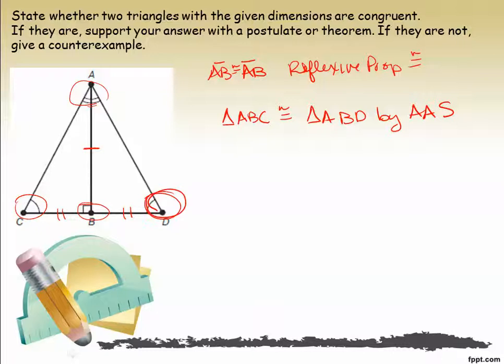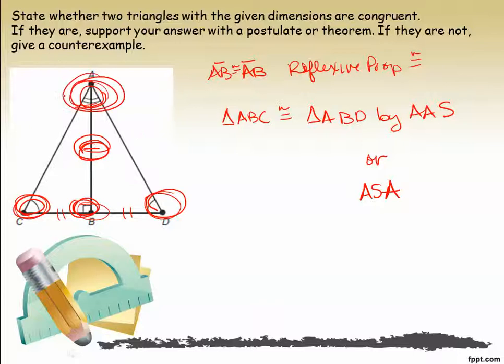Because see, you've got angle, side. Or you could have gone from angle, side. It would have worked either way. And we could have also used the angle, side, angle, which you would have gone from these top ones to the side to the bottom ones. Would have worked any of those ways.